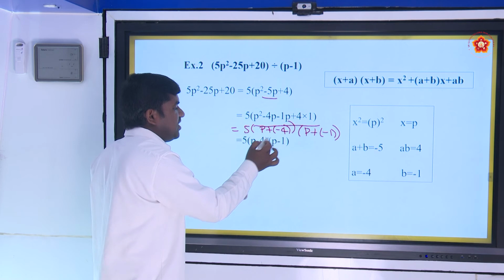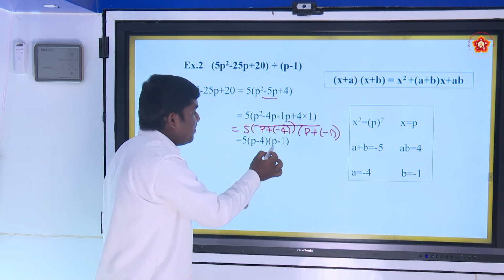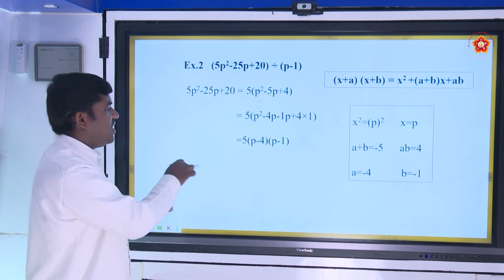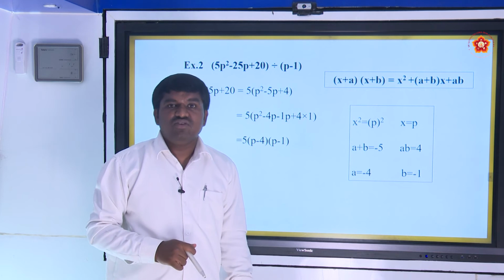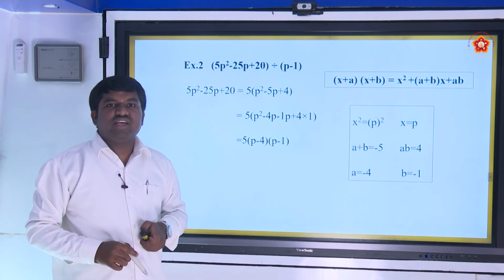So plus into minus gives minus: p minus 4, p minus 1. This is the answer. 5 into (p minus 4) into (p minus 1) are the factors of the given algebraic expression.